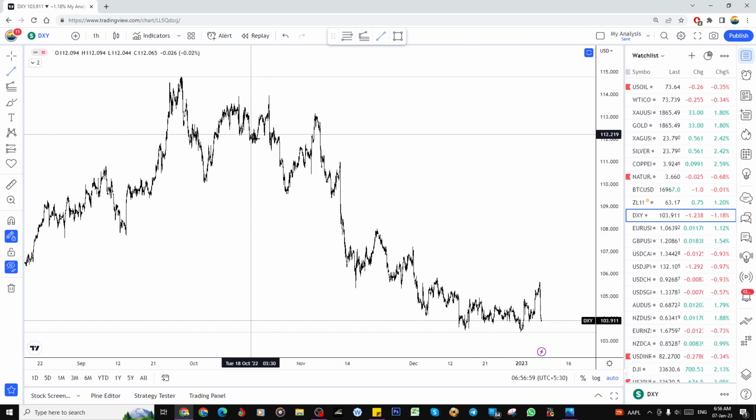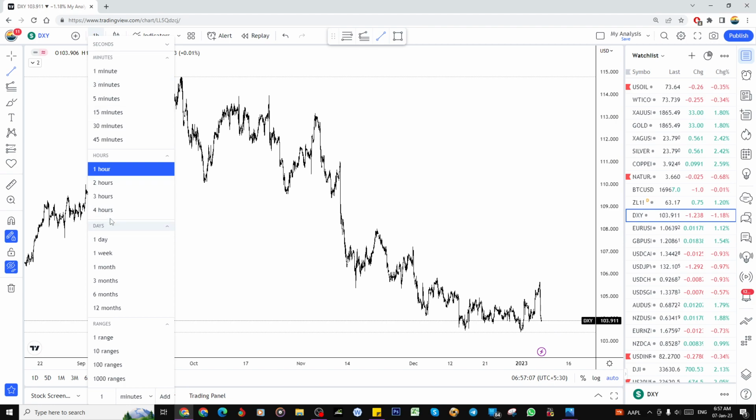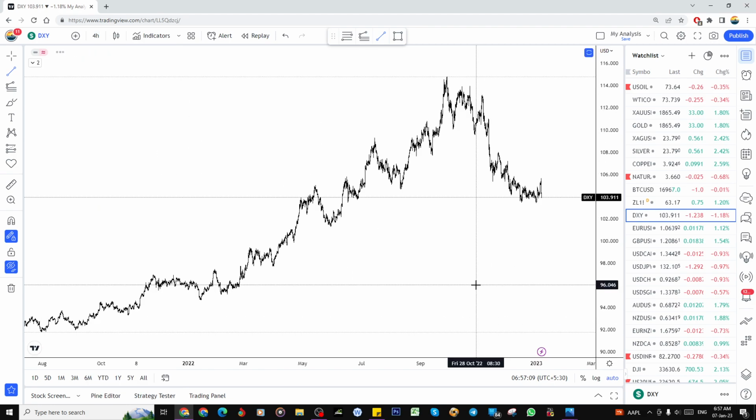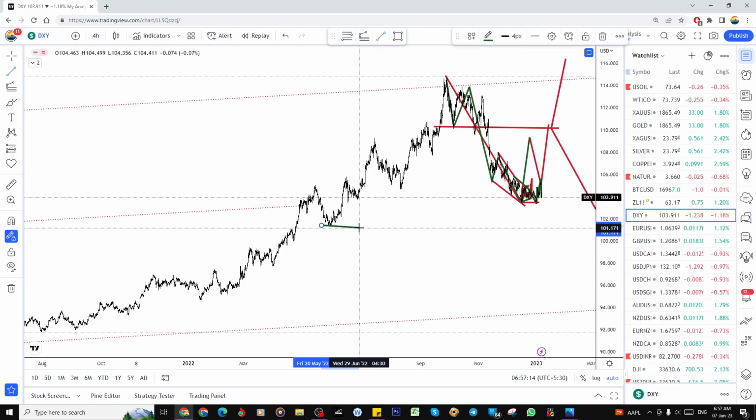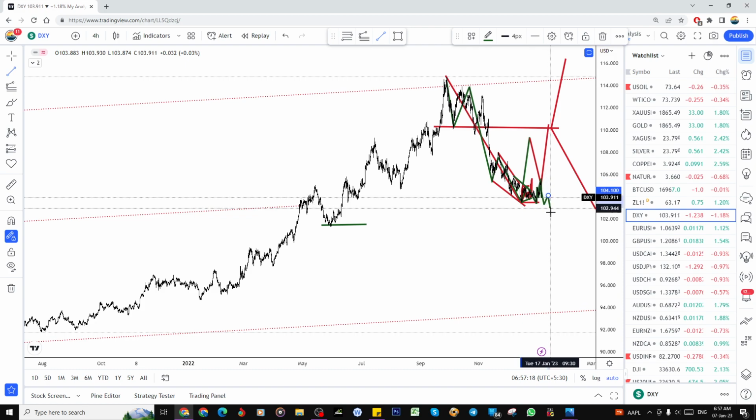So whether this is the end here, or one more low is also possible, meaning it can reach up to 101.5, this zone. It will do like this.